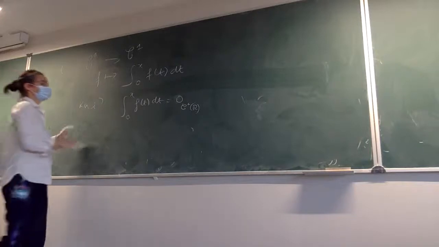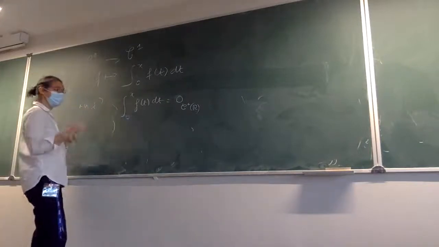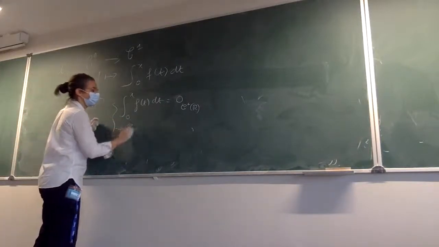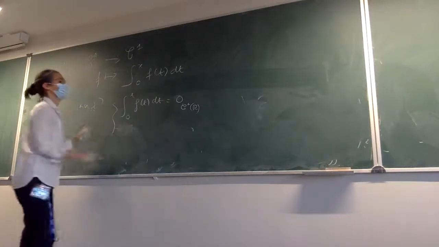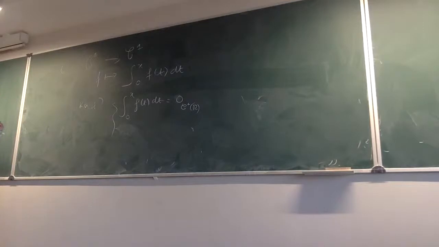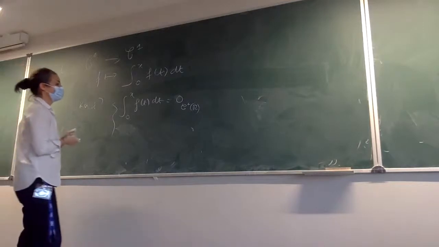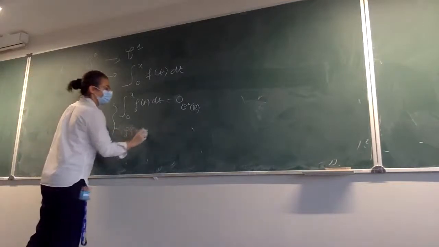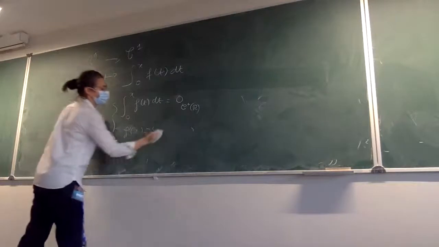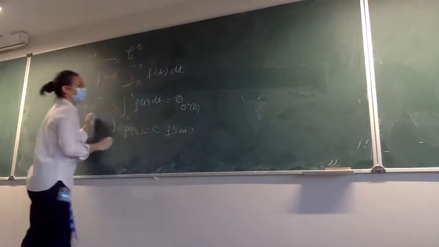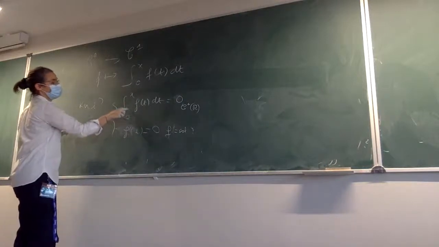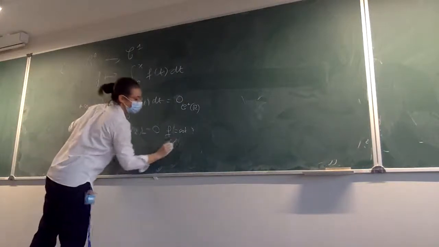All right, let's sum up. We get that f prime of x is equal to 0, so f is a constant, and so we get that f is equal to 0.